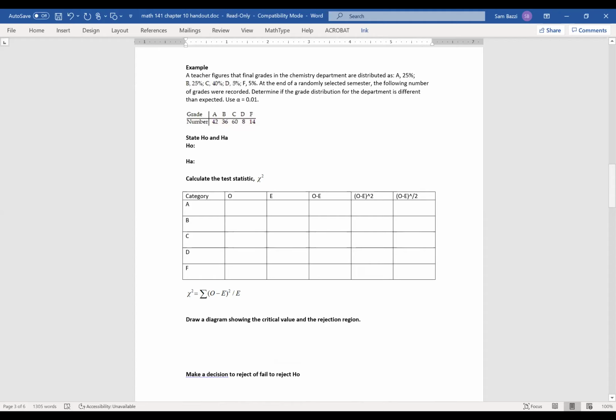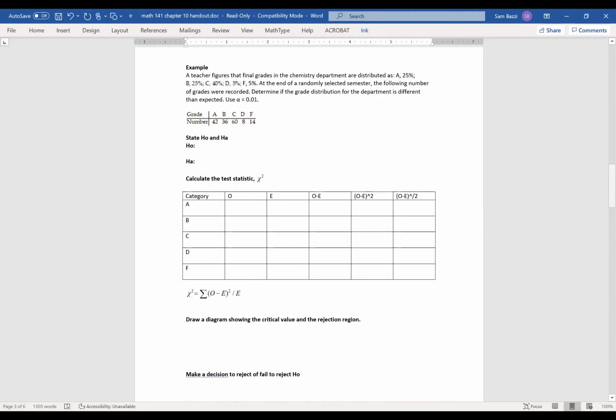Determine if the grade distribution for the department is different than expected. So they're making this claim that the grades are distributed as 25%, 25% for B, 40% for C, 5% for D, 5% for F. And the question is, we want to determine if the grade distribution is still the same or is different. It has changed. It's not the same as I just stated for you guys.